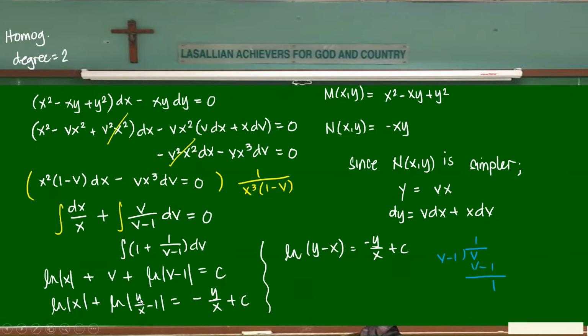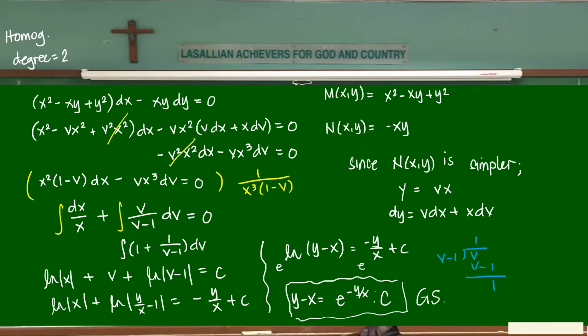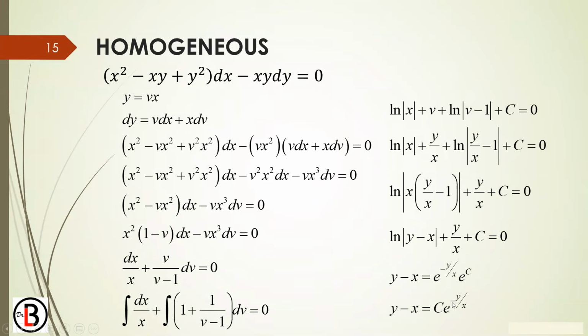So x times y over x is y. x times negative 1 is this. And then if I raise both sides sa e, y minus x is e to the negative y over x plus c, di ba? So, times constant. Yan yung general solution natin. Ayan, no? y minus x equals c e to the negative y over x.